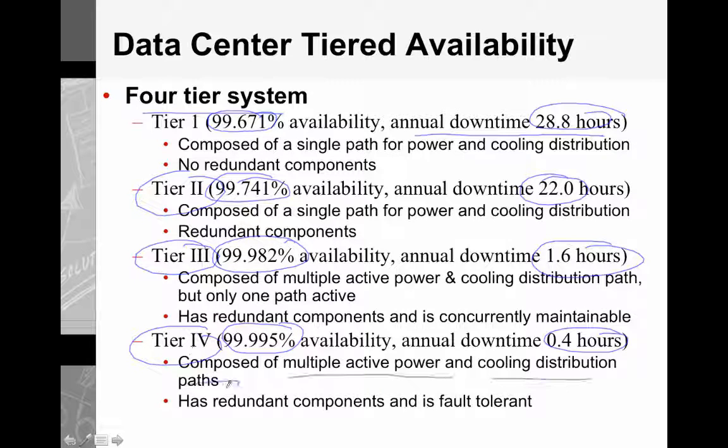They have multiple power supplies and multiple telecommunications equipment coming into the data center, and multiple lines running through the servers, in terms of power, networking, switching, and everything. So Tier 4 data centers are highly available and fault-tolerant.